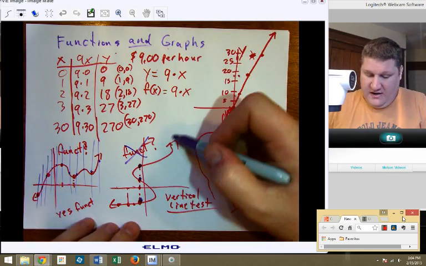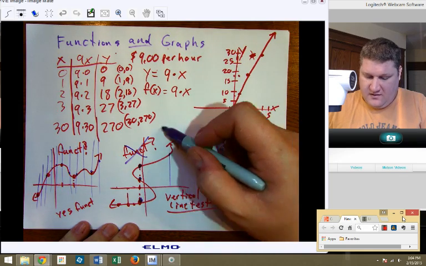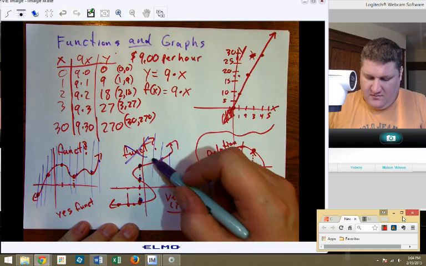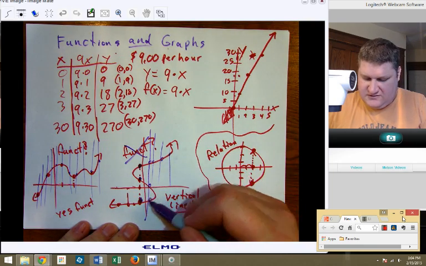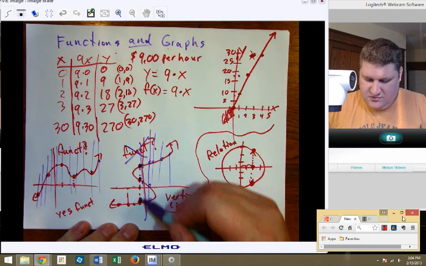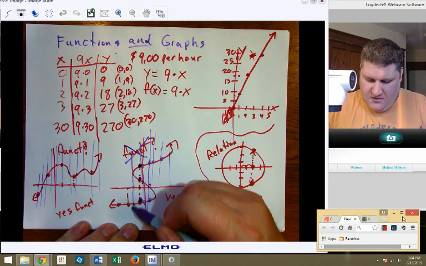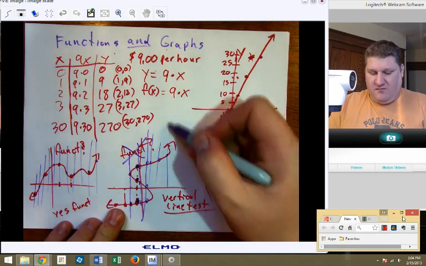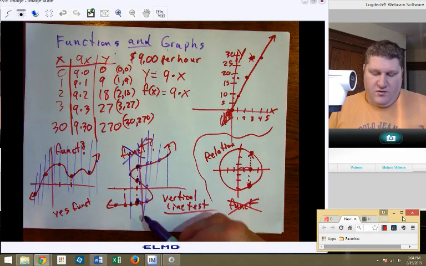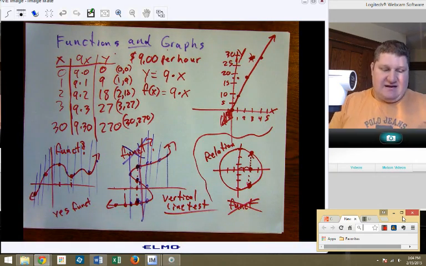However, over here, I'm okay. But as soon as I try here, 1, 2, 3 spots. Even here, 1 spot, 2 spots. If there's any place where a vertical line crosses in more than one spot, it is not a function.